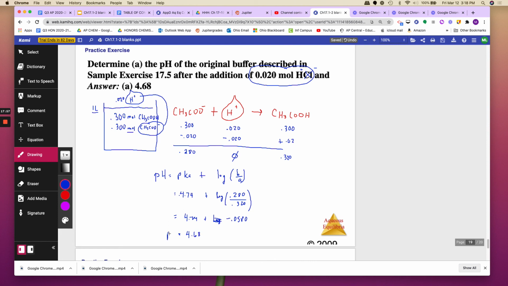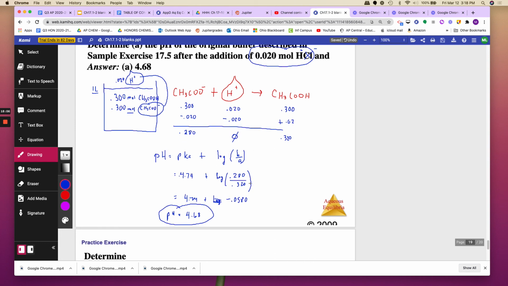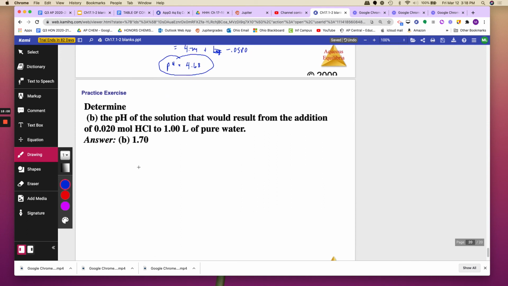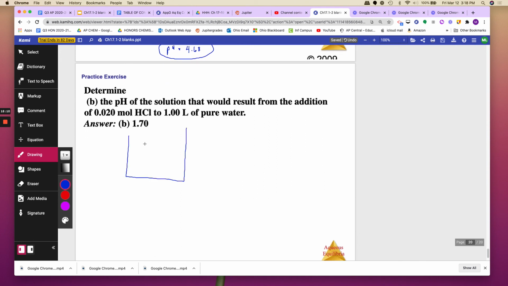Amazing, right? You added a strong acid and your pH hardly even moved, right? I wonder what happens if you add just that. Go ahead and do this problem. Pause the video. Okay, well, if you add 0.020 moles of HCl in 1 liter, HCl is a strong acid, right? You're going to have 100% dissociation, H plus and Cl minus.